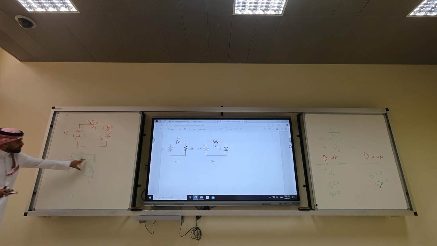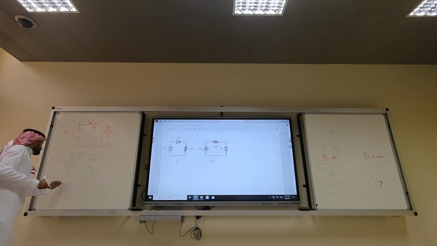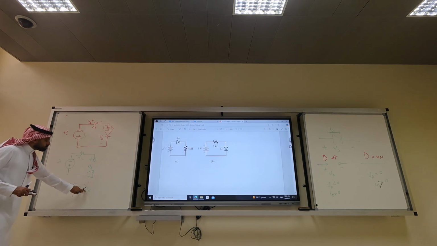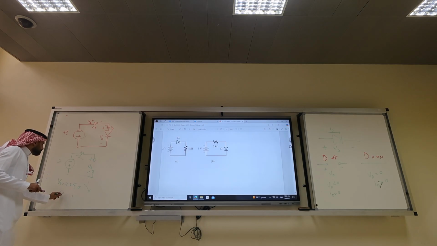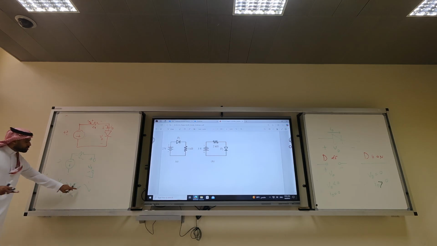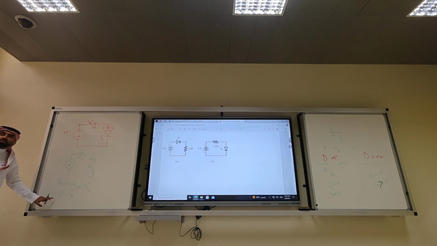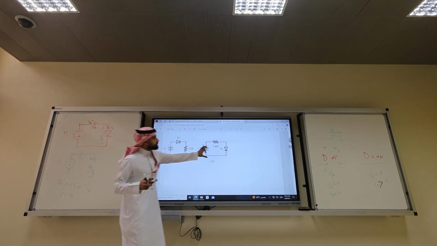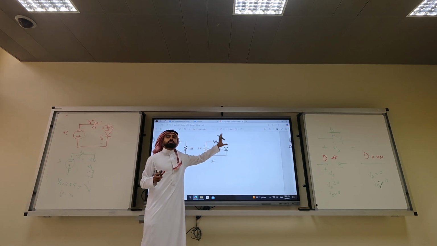Clearly, VD is -3. Is it less than 0? Yes. So is ID 0? Yes. So two conditions are correct. The voltage drop is negative. The current is 0, so the assumption is correct. So the status of diode 2 is off.